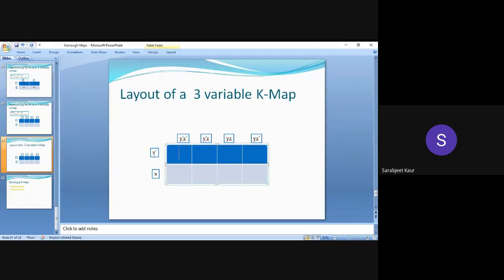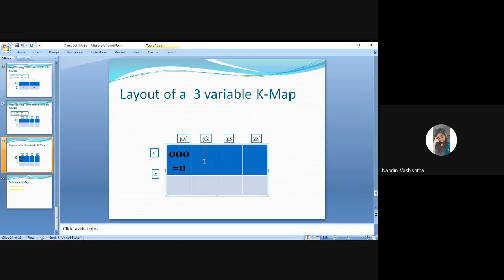So what is the first term here? Please see, it is x dash y dash z dash, which is 0, 0, 0, which is equal to 0. Next is 0, 0, 1, x dash y dash z, which is equal to 1.